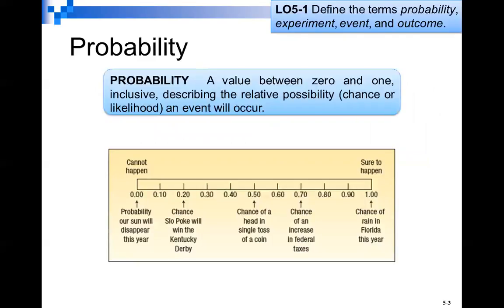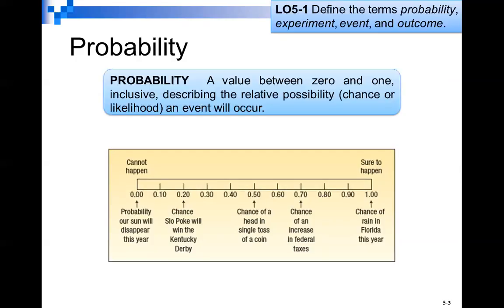A probability is a value between 0 and 1, describing the relative possibility, chance, or likelihood that an event will occur. I want you to remember, it falls between 0 and 1. A probability of 0 indicates that it cannot happen, for instance, the probability our sun will disappear this year.